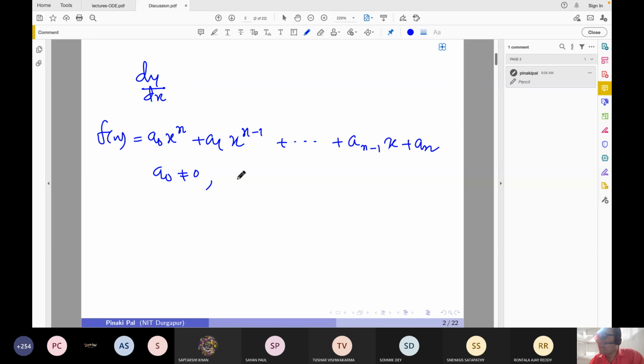That is n. Degree of f is equal to n. So this is how degree of a polynomial is defined, and it is finite. n is finite.